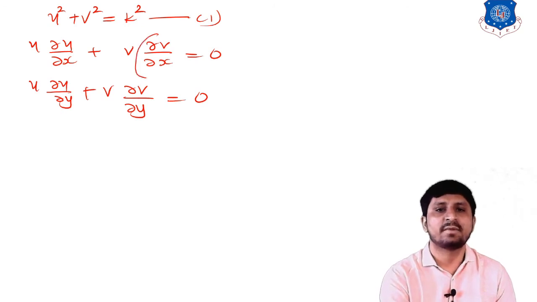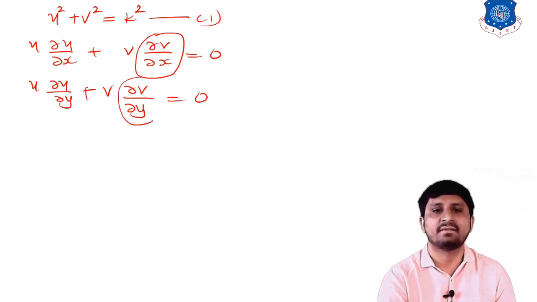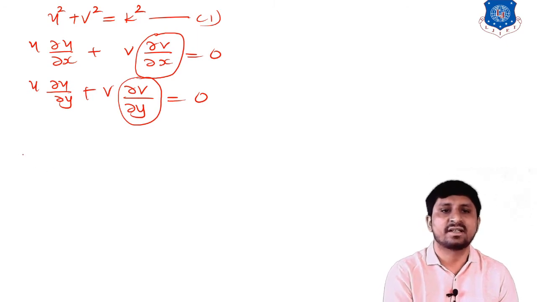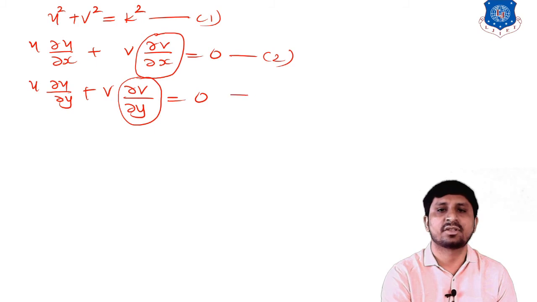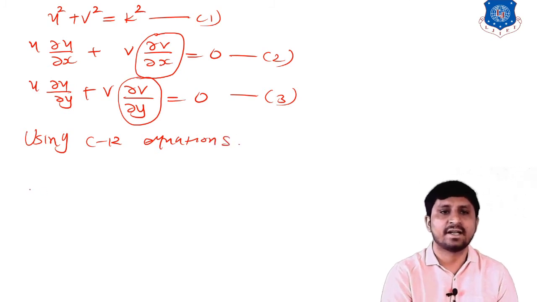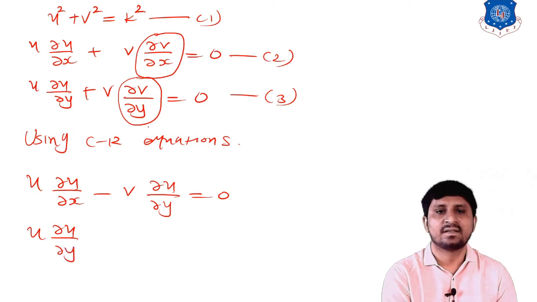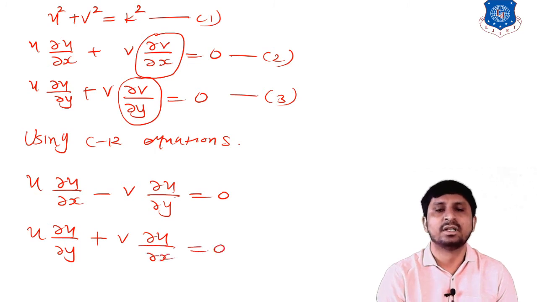Instead of del v by del x, I can write minus del u by del y, and instead of del v by del y, I can write del u by del x. So I write these two equations once again, this is equation number 2 and this is equation number 3. Using the CR equations on only del v by del x and del v by del y, we get u del u by del x minus v del u by del y equal to 0, and u del u by del y plus v del u by del x equal to 0.